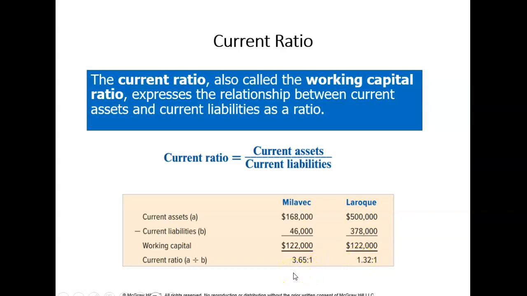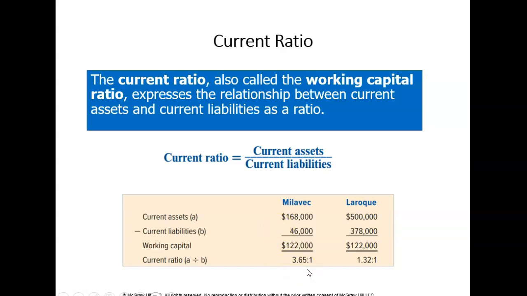The current ratio for the first company is 3.65 to 1, compared to the second company, where it is 1.32 to 1. So to get your current ratio, you would take your current assets and divide those by the current liabilities.